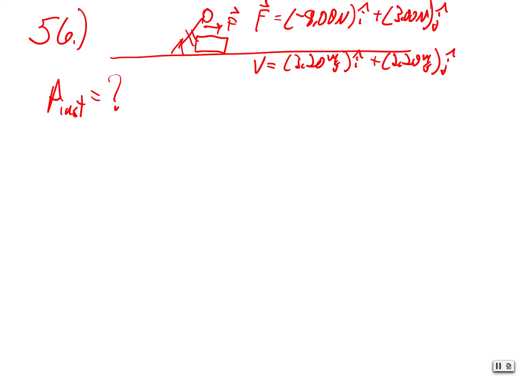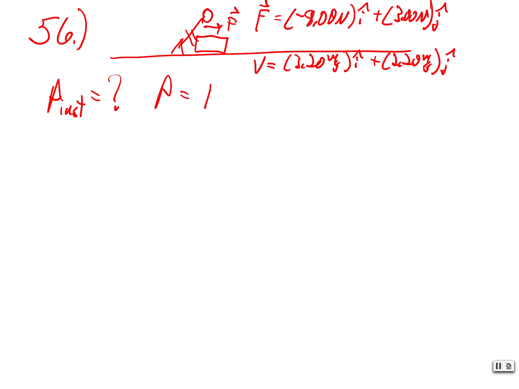All right, well, we know that by definition power is the derivative of work with respect to time, but notice it's already given us the unit vector notation. So power can be found this way.